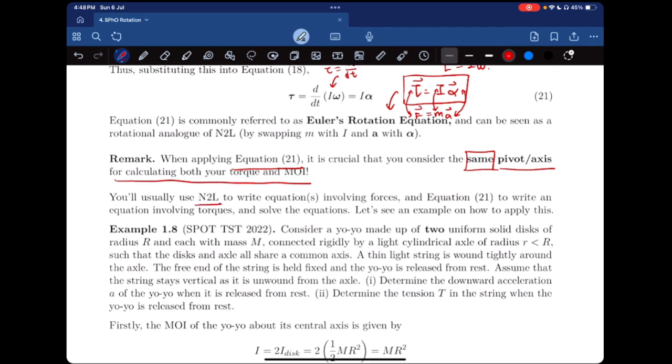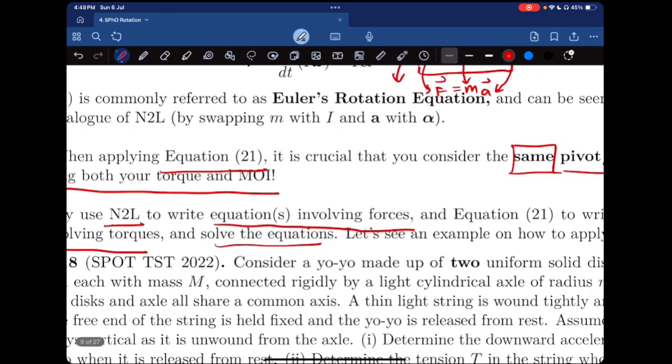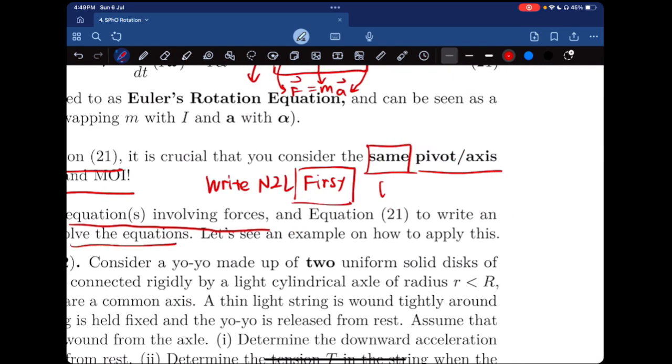Your N2L will be used to write equations involving forces. Then you use equation 21 to write an equation involving torques, and then you solve the equations. My general recommendation is for you to write N2L first, so that you don't forget about it, because you might be too excited to jump to the torque, and then you forget the N2L exists.